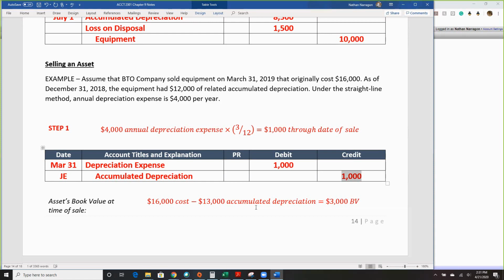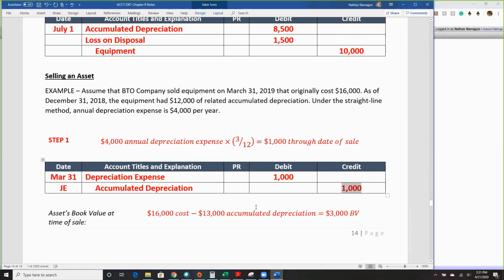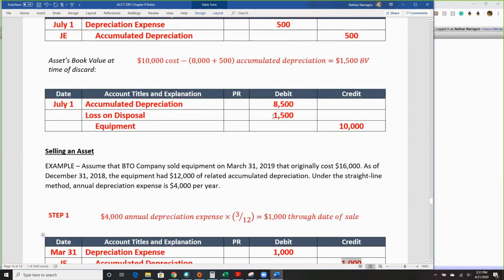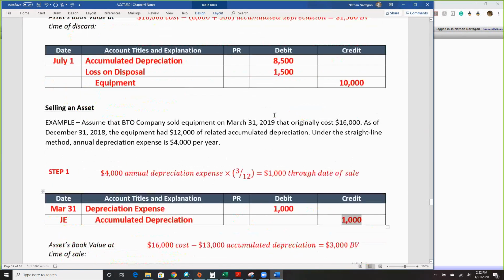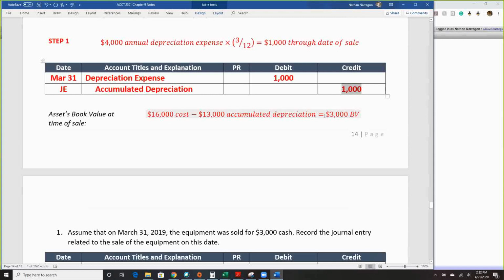And so this is going to help us with our selling. Kind of like up here, it helps us figure out how much loss on disposal. This is also going to basically tell us if cash is greater than, less than, or equal to book value, if we're going to have a gain or a loss or maybe nothing.